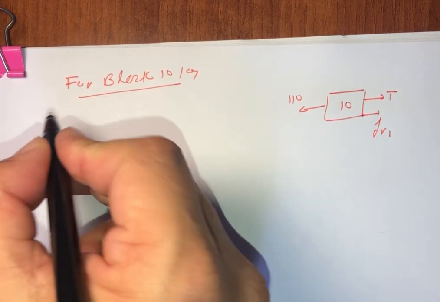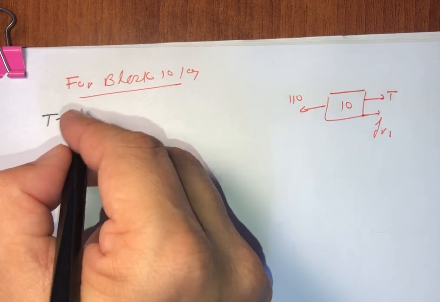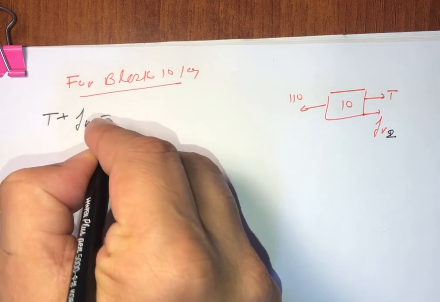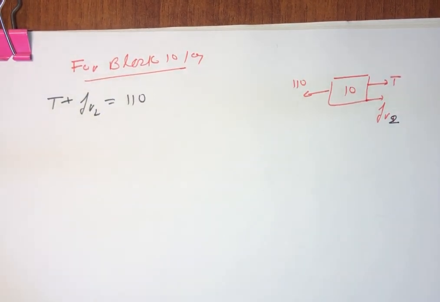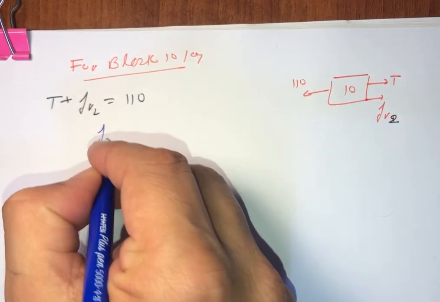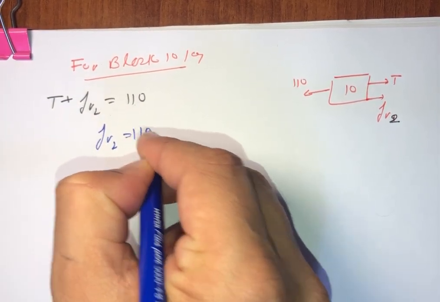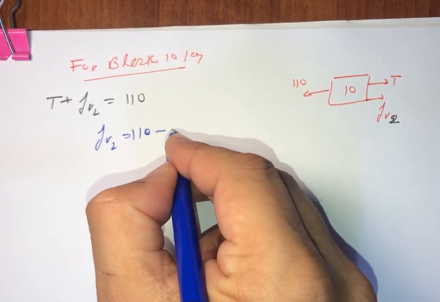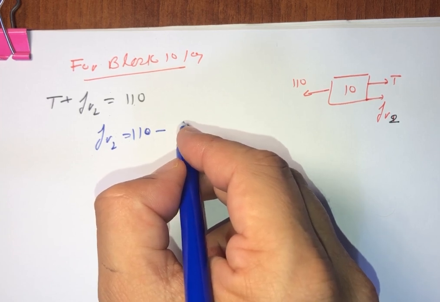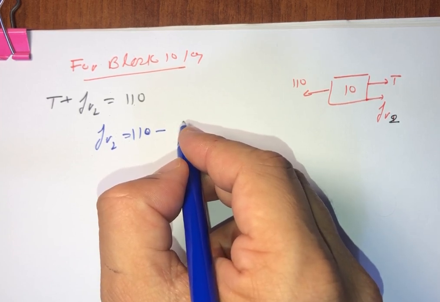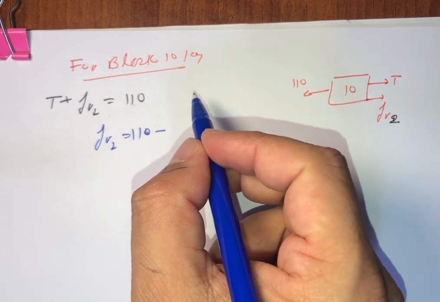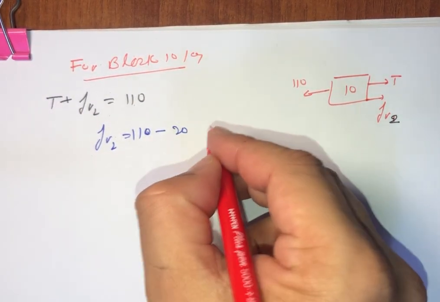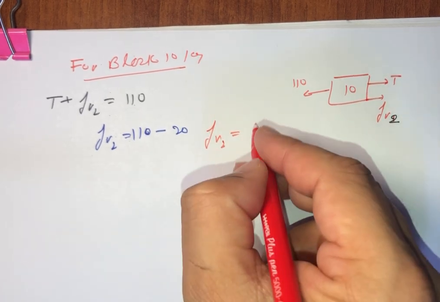So T plus FR2 will equal to 110, or we can say FR2 will equal to 110 minus T. T was 20. So we get FR2 is equal to 90.